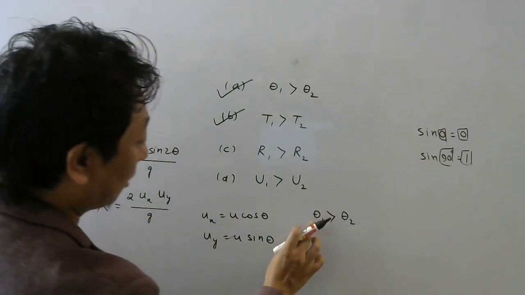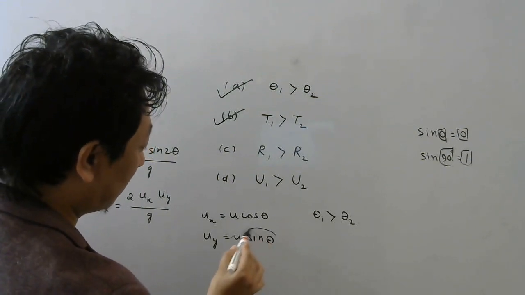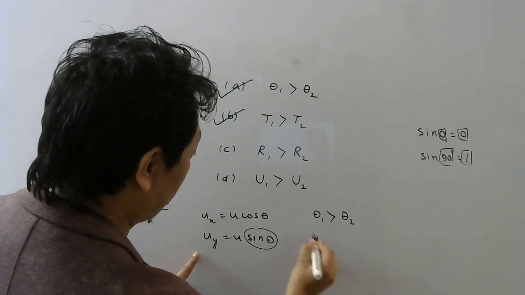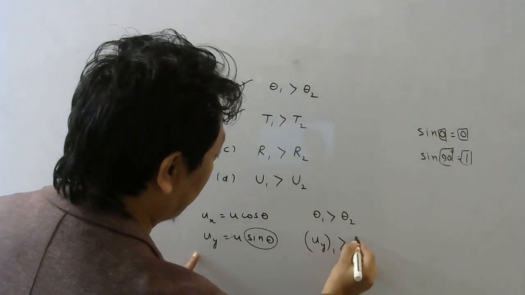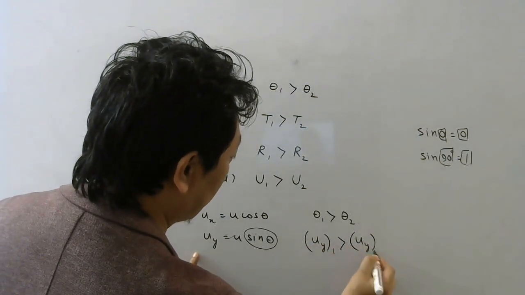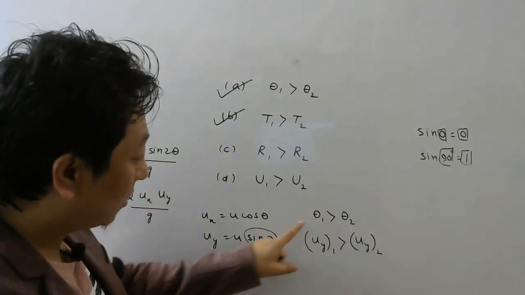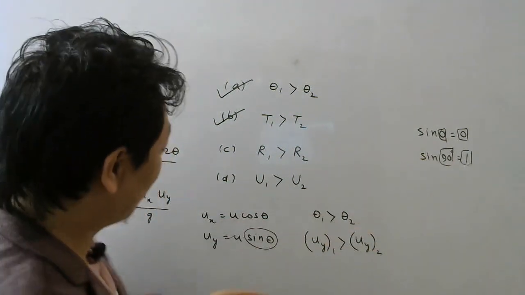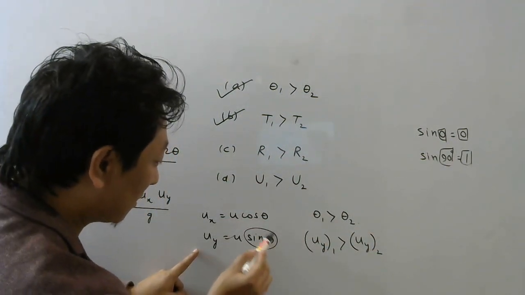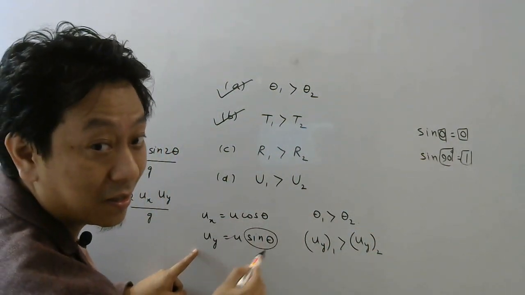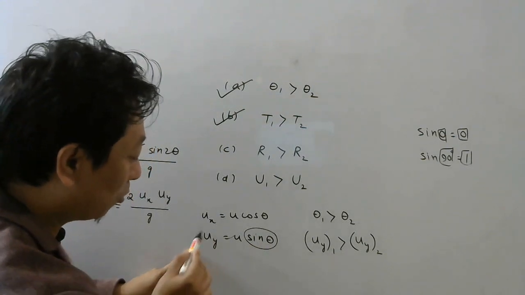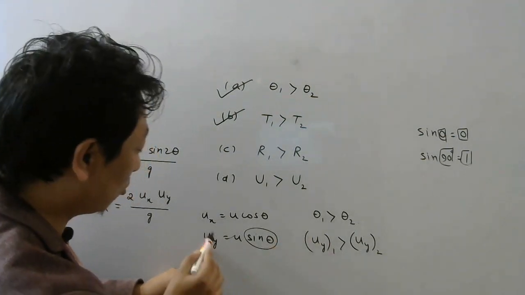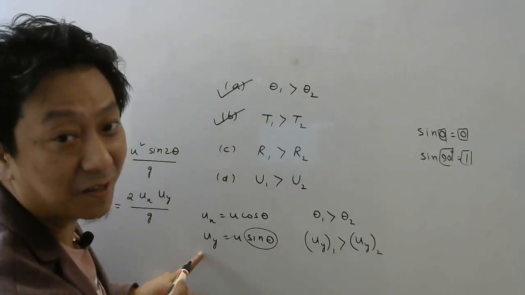Now, if theta 1 is greater, then sine theta will be also greater. So uy for the first particle will be greater than uy for the second particle. Because when theta increases, sine function also increases. So if sine theta is more, uy will be more. And theta is more for first particle, so uy is more for first particle.